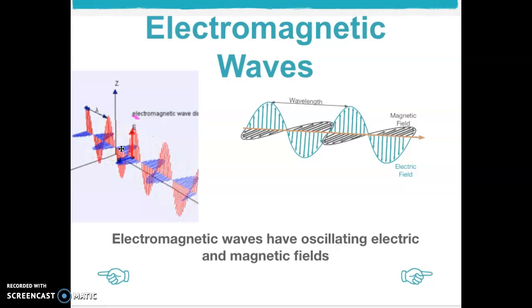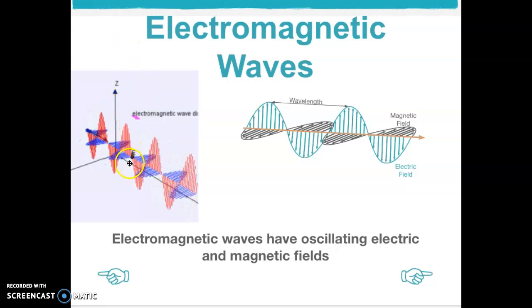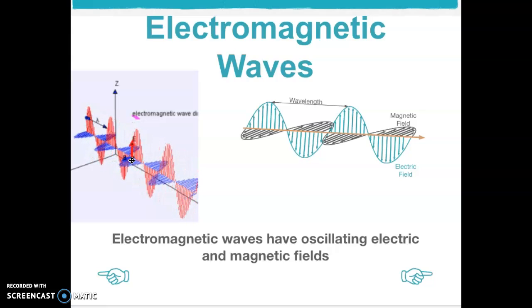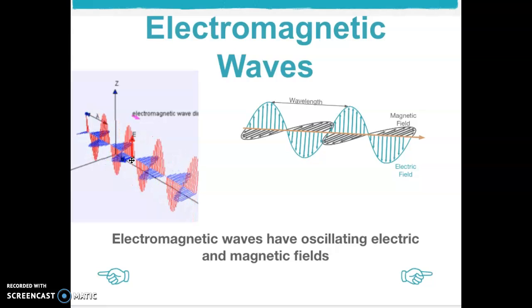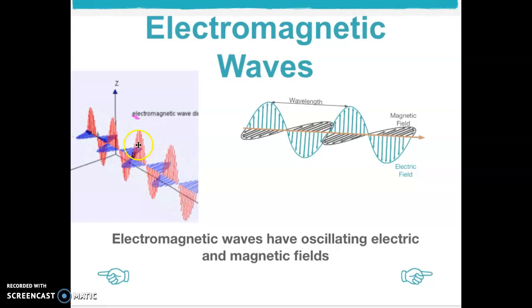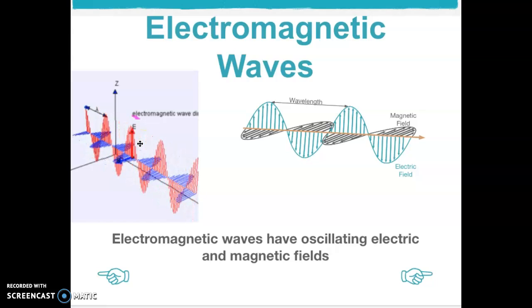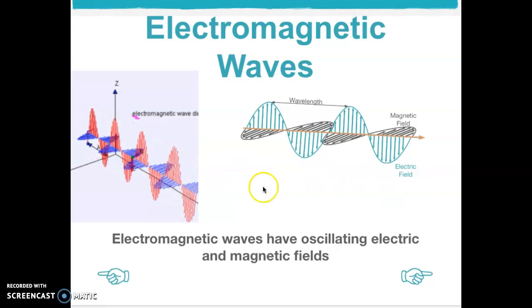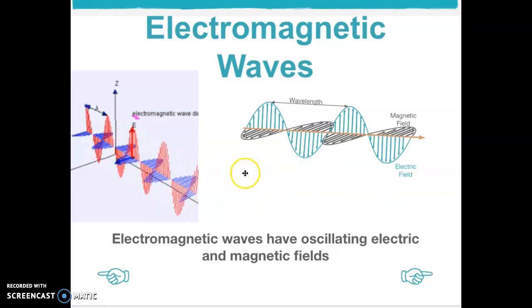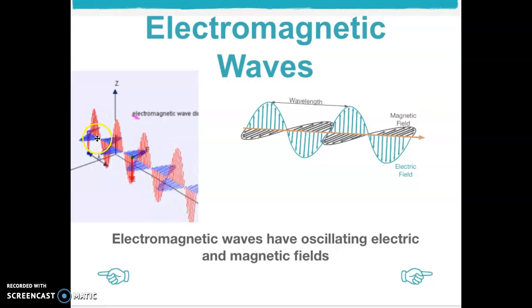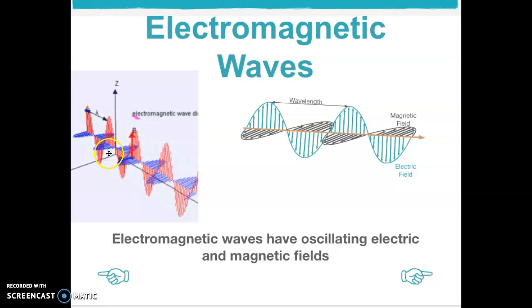One, there are two types of perpendicular motion, not just one. And secondly, what is it that's actually vibrating? The defining feature of an electromagnetic wave is that it's made of two vibrations, not one. So it's not simply a wave moving this way and the particles moving up and down. What we've got are two things moving at 90 degrees to each other.